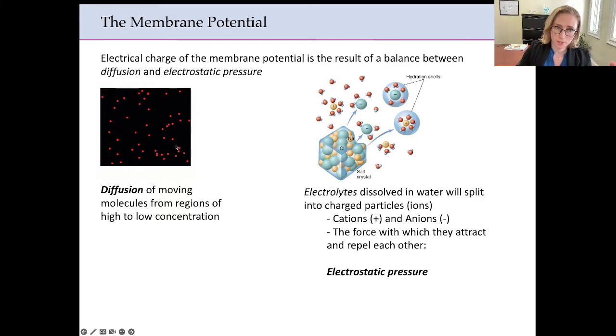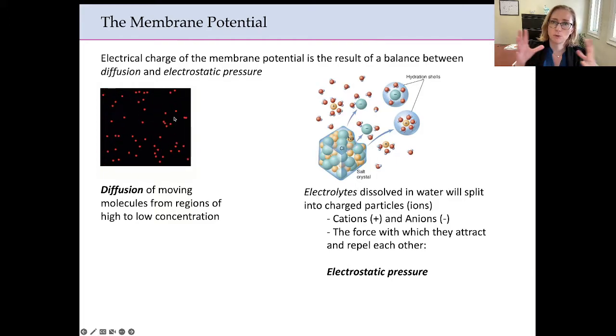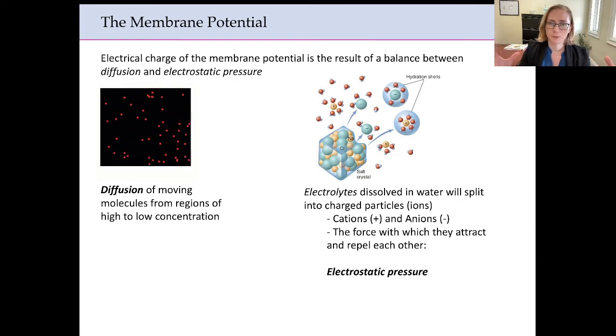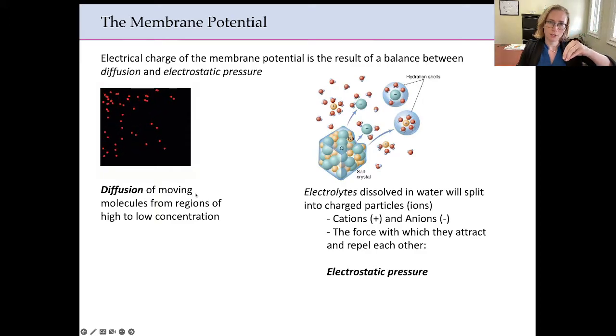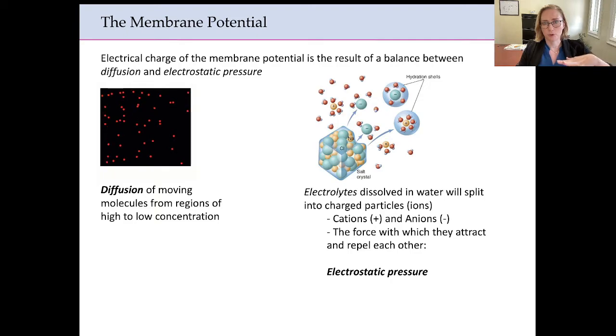Diffusion, as you can see here: if you drop a drop of salt water, for example, all of the ions and all of the things inside of the water droplet are going to diffuse across the space available to it. So diffusion is the movement of molecules from regions of high concentration, where the water droplet happened to land, to areas of low concentration.